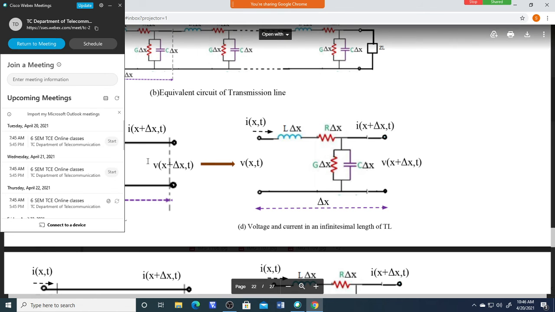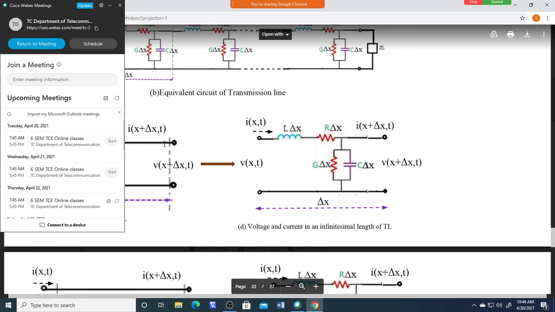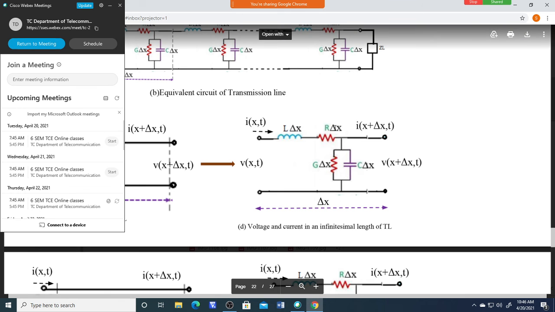As we know, this is represented by a circuit like this. This is the equivalent circuit of that. So we will now analyze. Once the signal x comma t enters here, it is passing through all these components. By the time it reaches the output, whatever you are observing here depends on all these parameters.